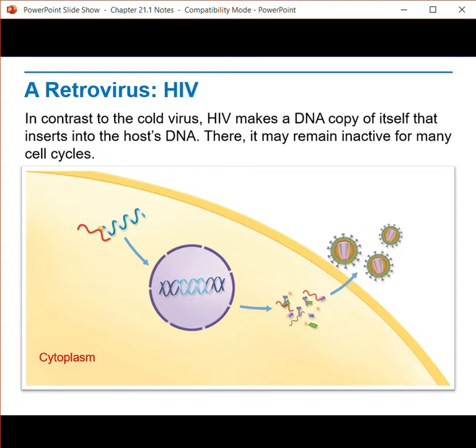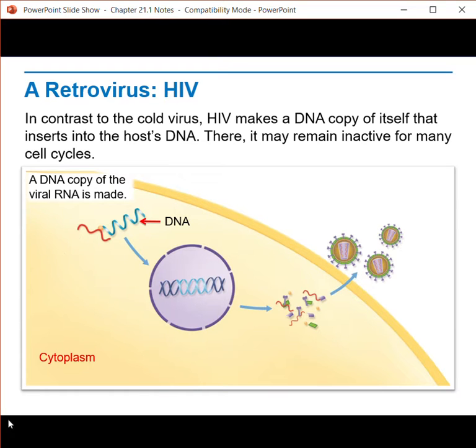So when a retrovirus infects a cell, it makes a DNA copy of its RNA. You can see that here in the first area. So a DNA copy of the viral RNA is made. This is what we have here.